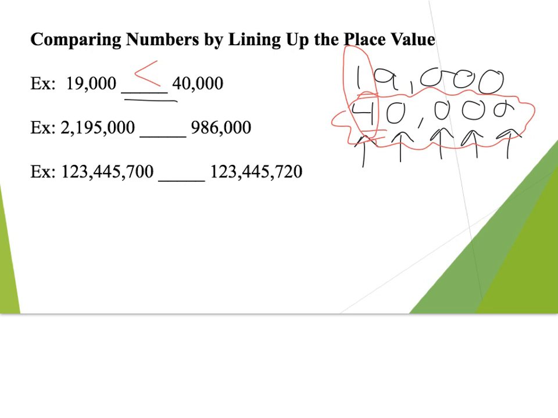Okay, let's work on another example. Here we have 2,195,000 compared to 986,000. We're going to again line up our place values. So we have our first number. Now you'll notice that there are no digits in the millions place. So make sure that you are in fact lining up the 100,000s here.